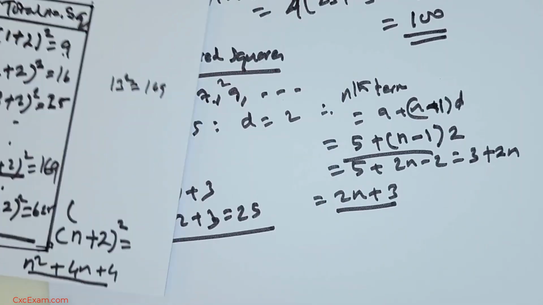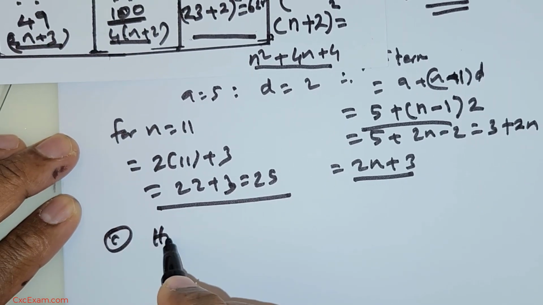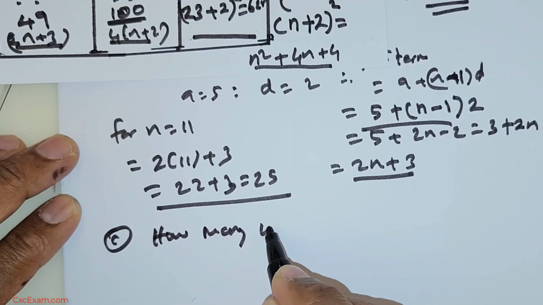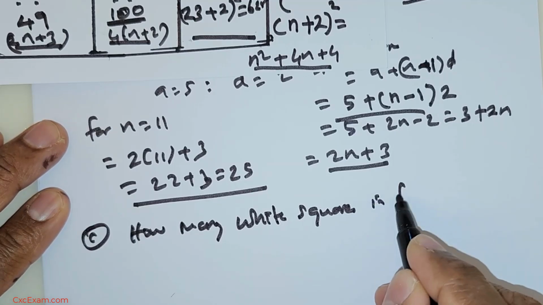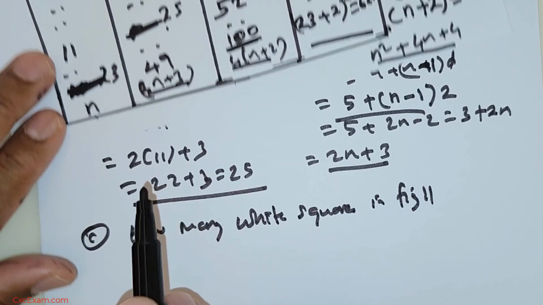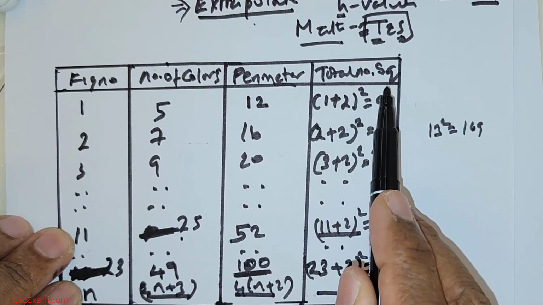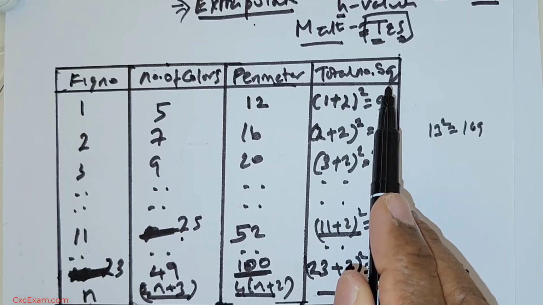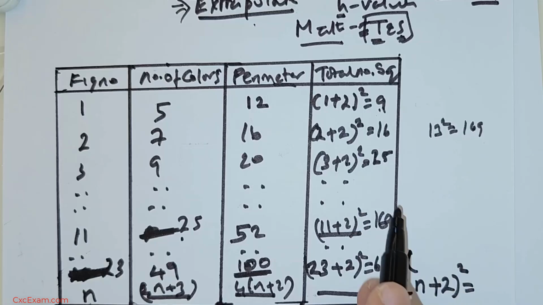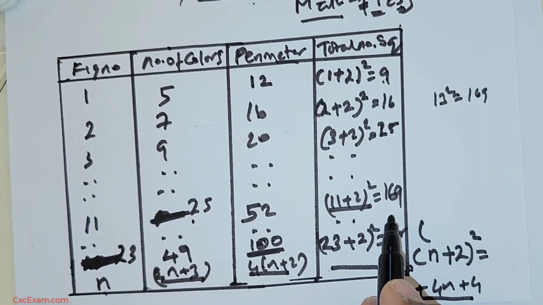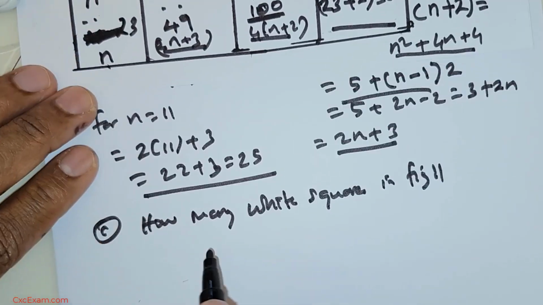Now there is one part of the question, which is question C. They are asking us to find how many white squares are in figure 11. So you go to figure 11: the total number of squares in this figure is 169, and the total number of colored squares is 25.